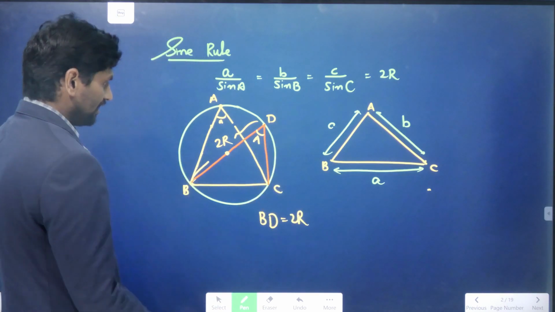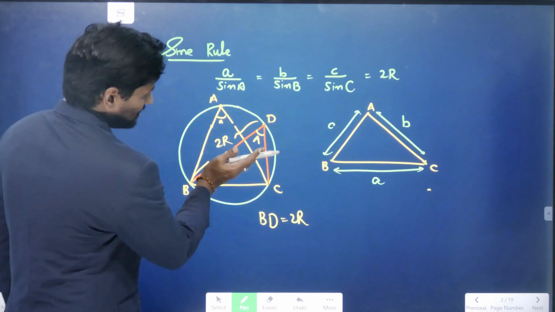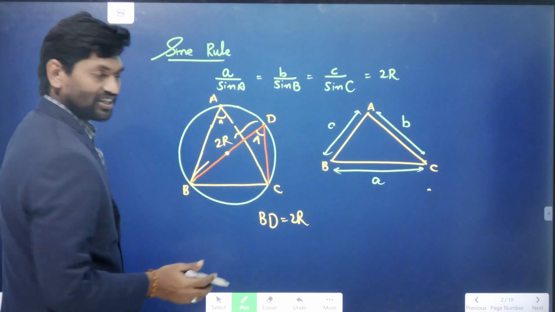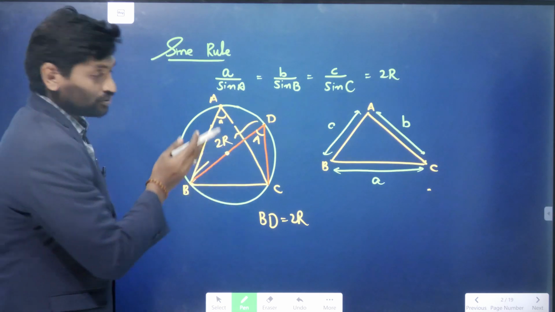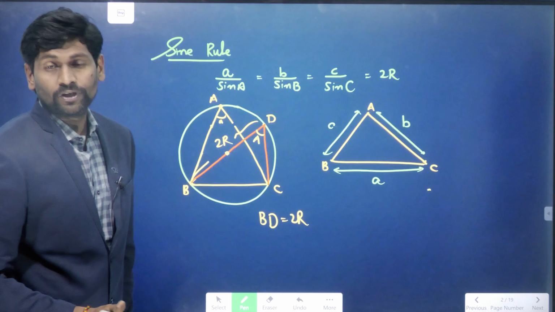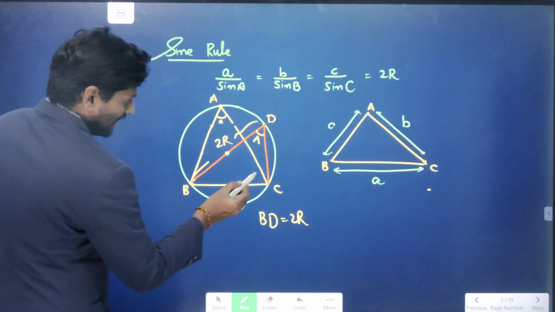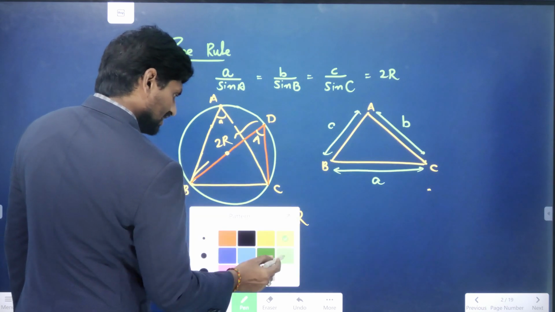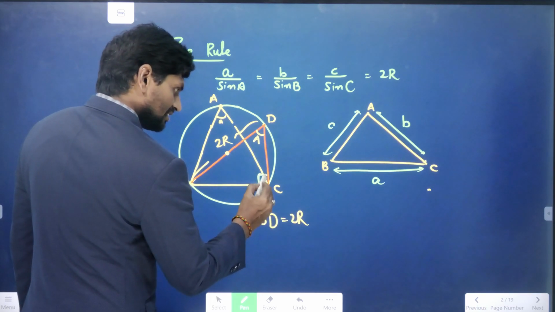Okay? And we know that BDC is a triangle which lies on the semicircle. BD is a diameter, meaning the diameter divides the circle into two equal parts, and each part is a semicircle. And we know that the angle in a semicircle is 90 degrees.